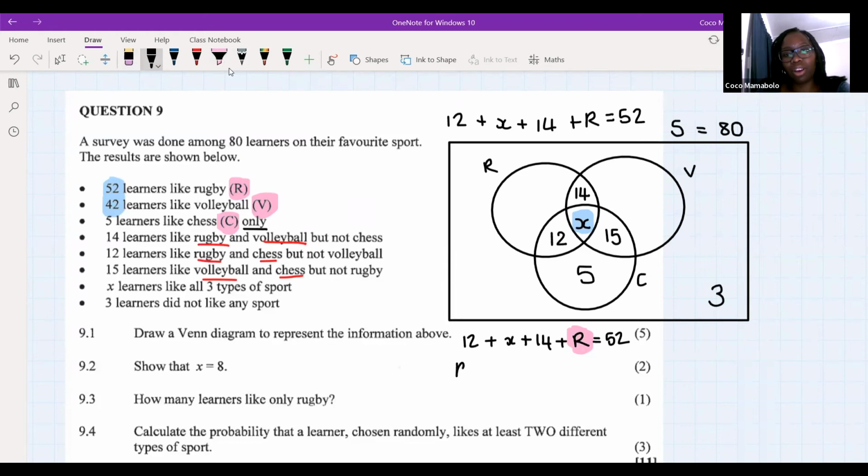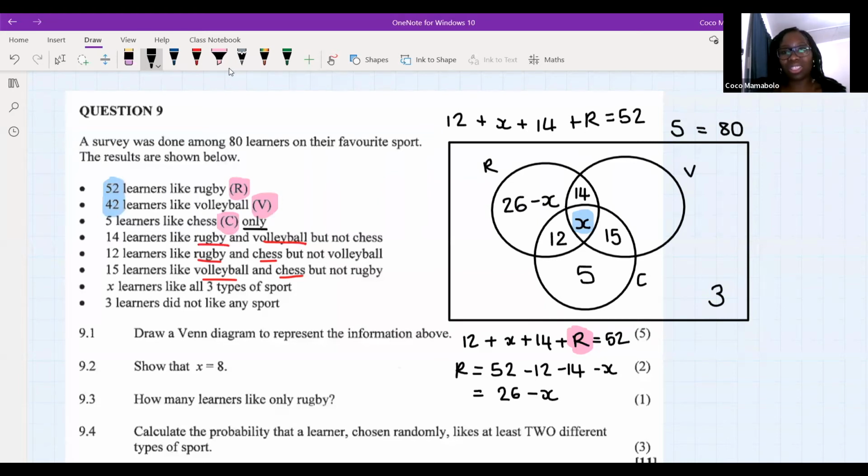So I'm going to have R is equal to 52 minus 12 minus 14 minus X. And then if we clean this up, 52 minus 12 minus 14, that's going to give me 26 minus X. So in the rugby column over here, I'm going to write 26 minus X.